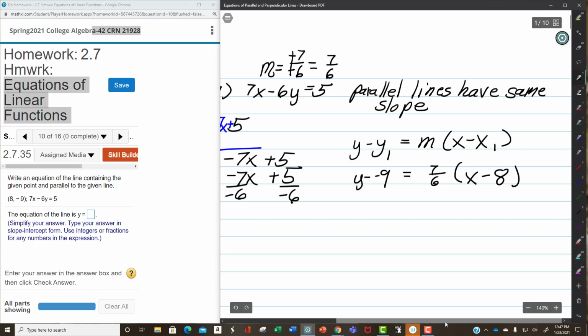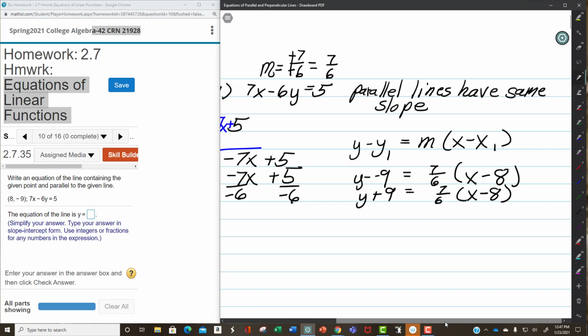Double check that, make sure it's right. Okay. Now, go to the extra step. y plus 9 equals 7/6 times x minus 8.